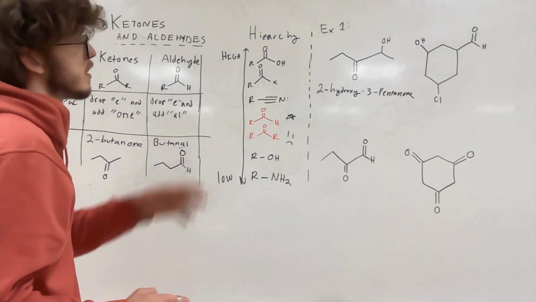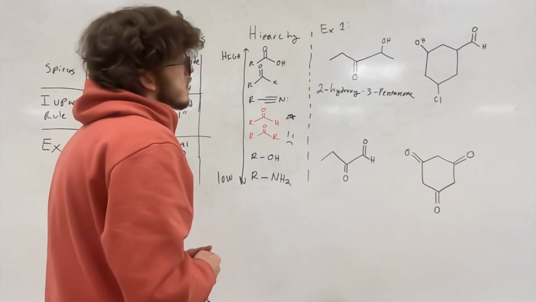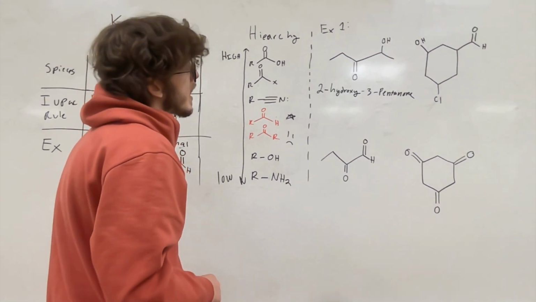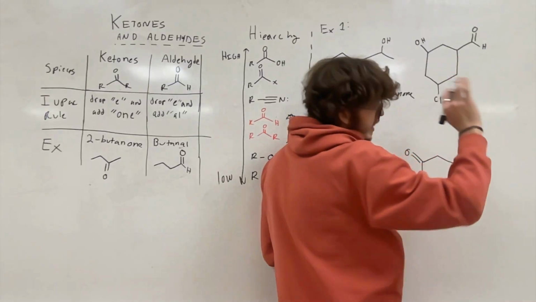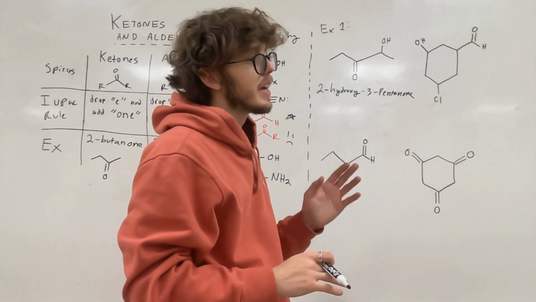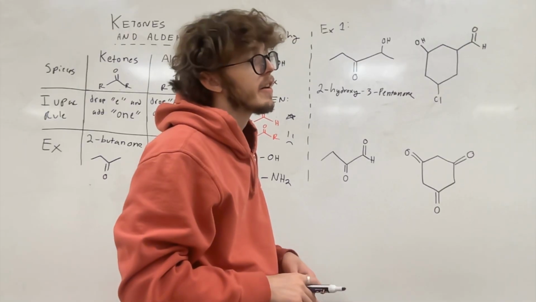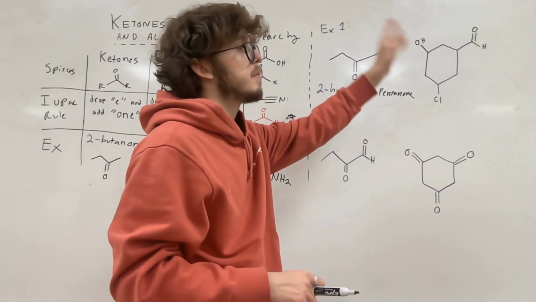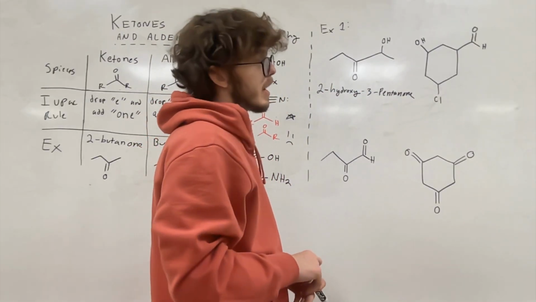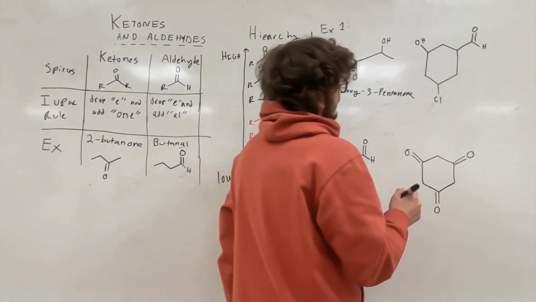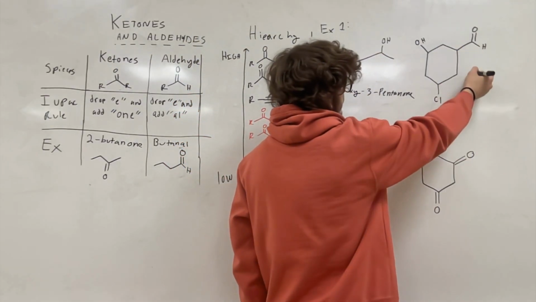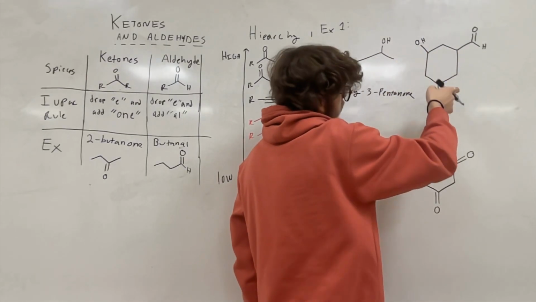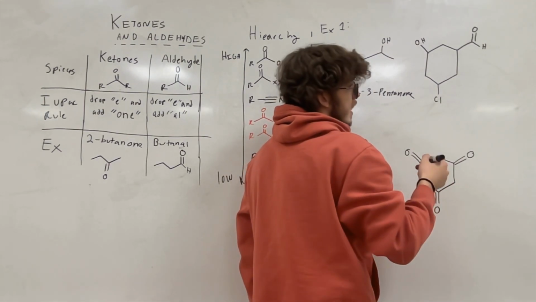Now let's go to the one to the right there, that cyclohexane ring. Notice how we have an aldehyde here. This actually gets a special name. In this case, you name the parent and then you add carbaldehyde. So anytime you have a ring as a parent and you have one carbon and then an aldehyde, you name that a carbaldehyde. The way we want to name this is we don't want to go this way, we want to go the other way to reach hydroxy first, because hydroxy is higher than a halide group.